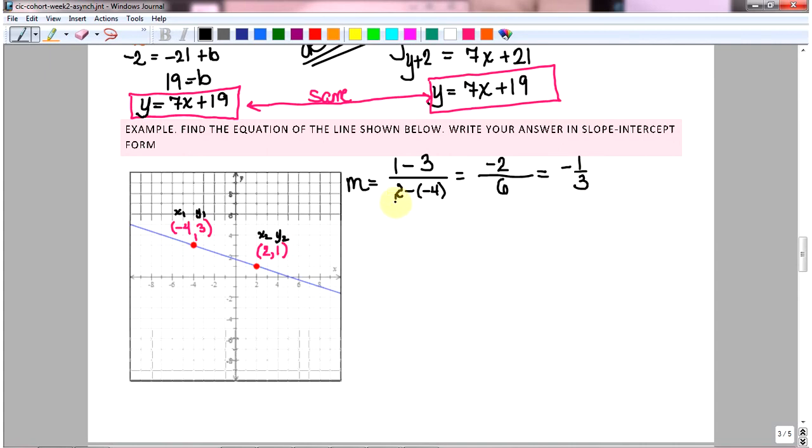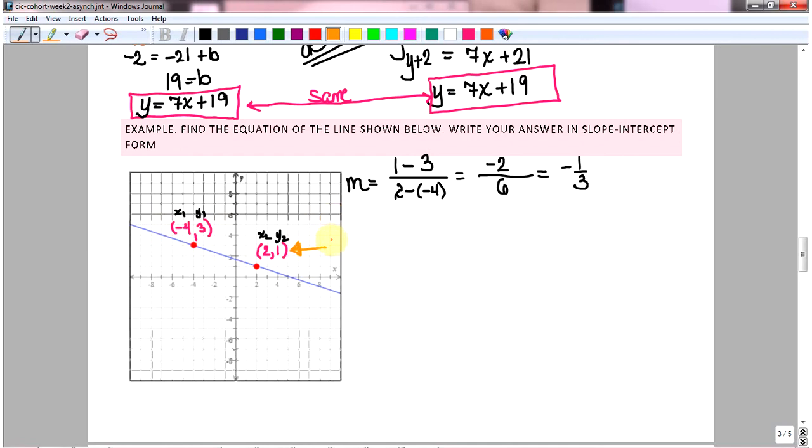So we only need to use one of our points to get our equation. I'm going to use this point over here to the right, and the reason why I'm choosing it is because both of the values are positive, so there's going to be less of a chance that I make an arithmetic error. But again, you can pick either of the 2 points.